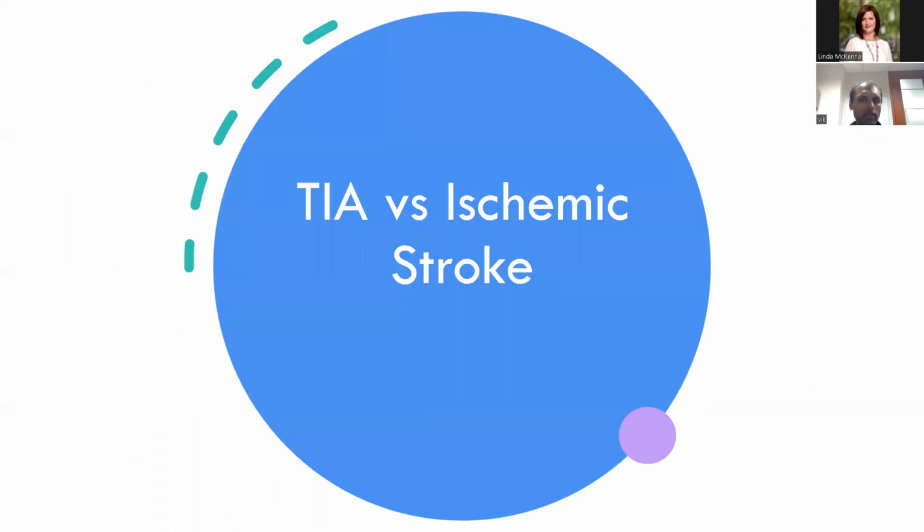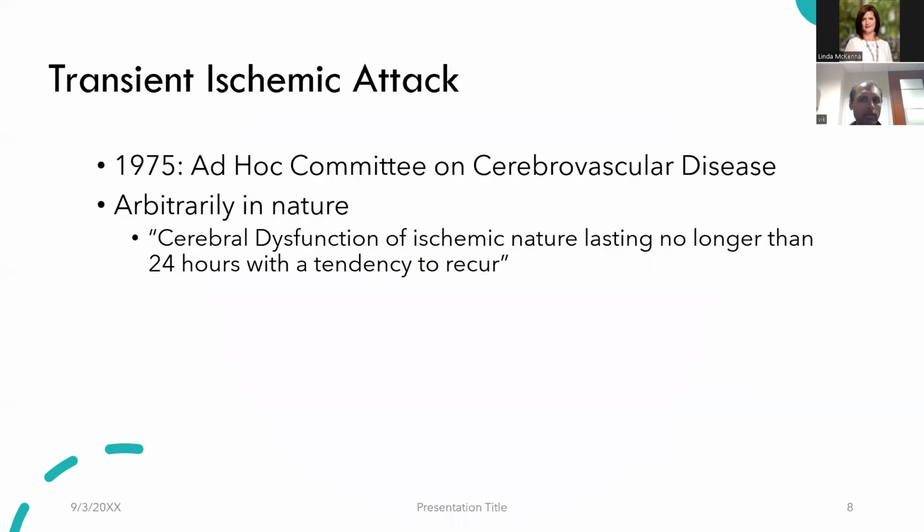So now thinking about TIAs and ischemic strokes. Interestingly, the definition of TIA came about in 1975. The Ad Hoc Committee on Cerebrovascular Disease in 1975, from essentially an arbitrary statement, defined it as cerebral dysfunction of ischemic nature lasting no longer than 24 hours with a tendency to recur.